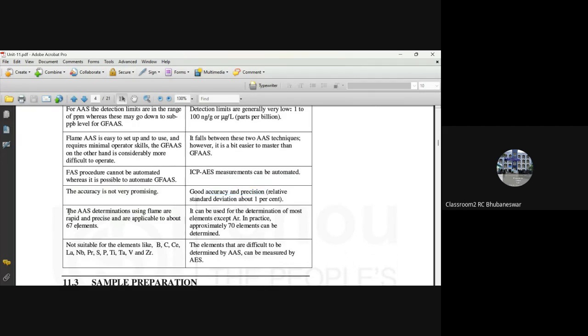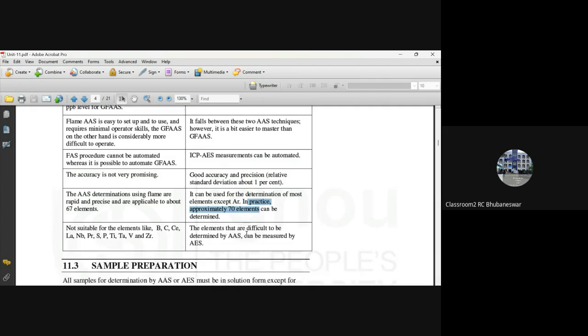Then AAS determinations using flames are very rapid and precise and applicable to about 67 elements. However, ICP-AES can be used for determination of most elements except argon, and in practice approximately 70 elements can be determined, while AAS is not suitable for some elements.